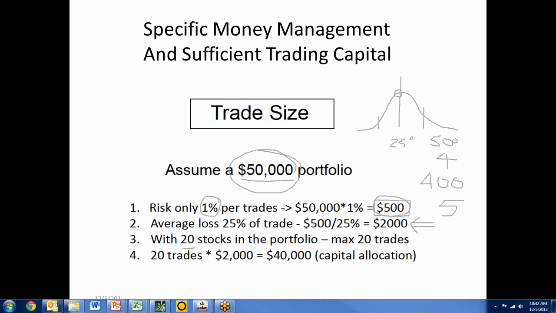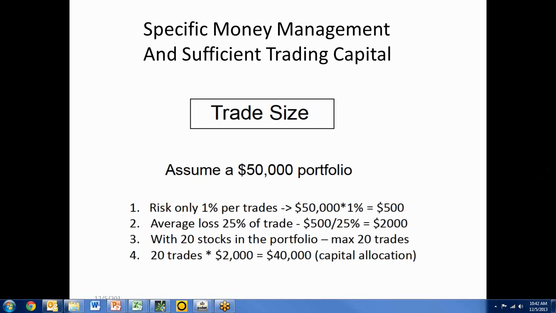Now, let me go a little further here and say, okay, I'm starting small, and I only have a $10,000 portfolio. And with a $10,000 portfolio, the thought process is a little bit different.